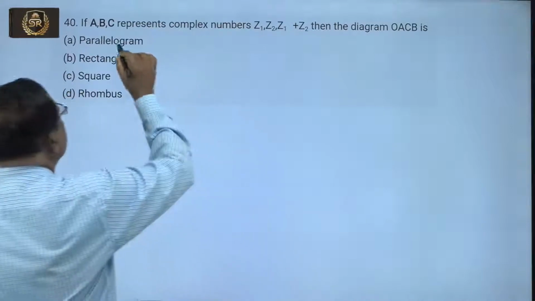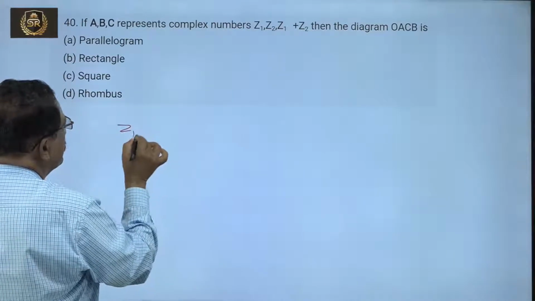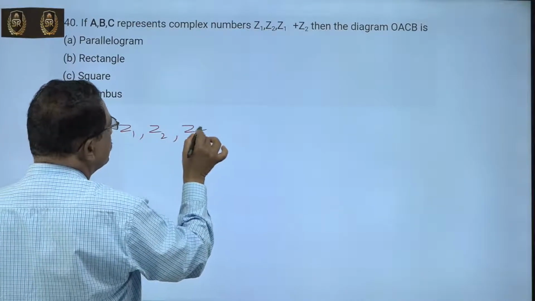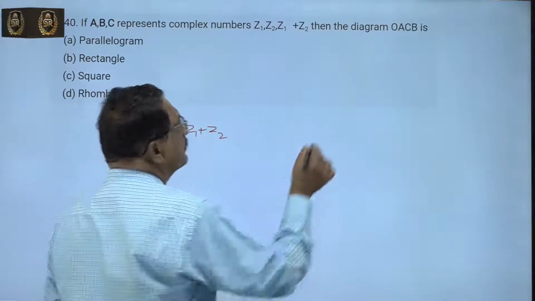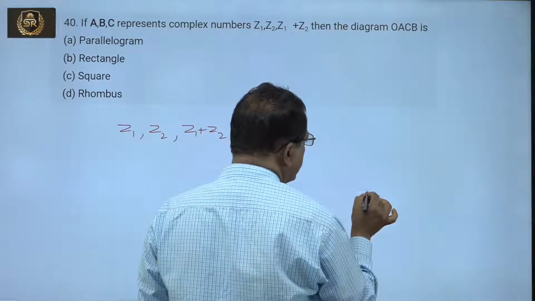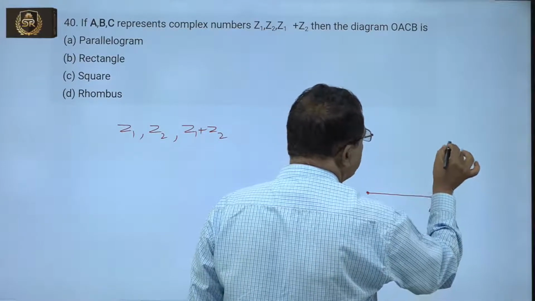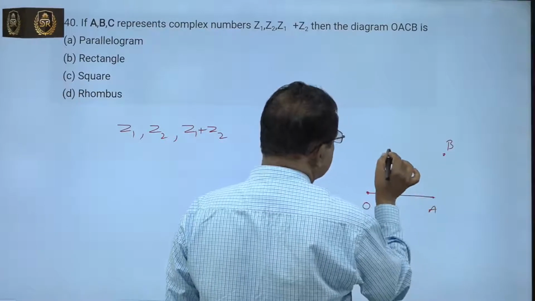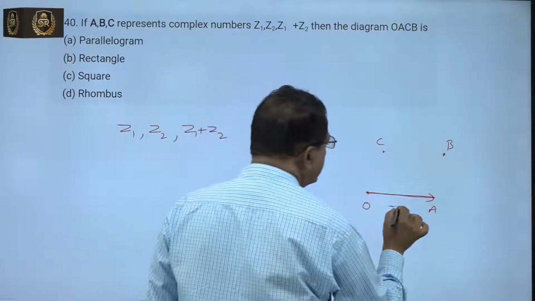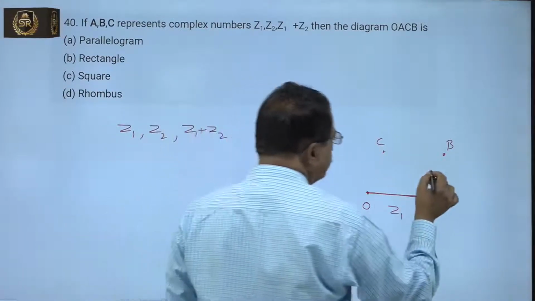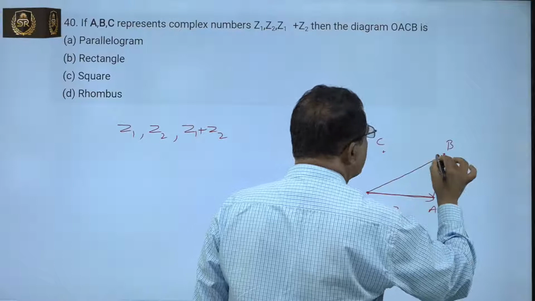Next, A, B, C represent complex numbers Z1, Z2, Z1 plus Z2. Then the diagram OABC is, suppose O is the origin, A a point, B a point, C a point. Here OA is a vector, it is Z1. Next to it is another vector, Z2.